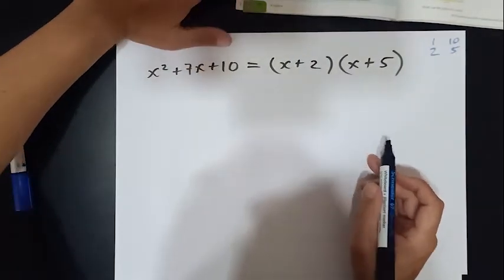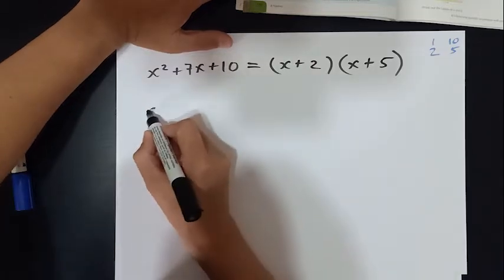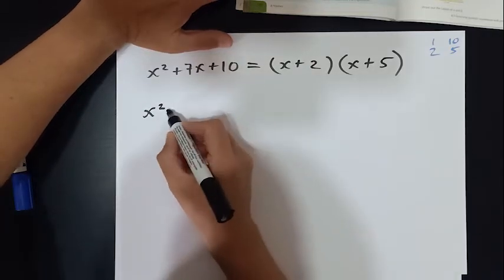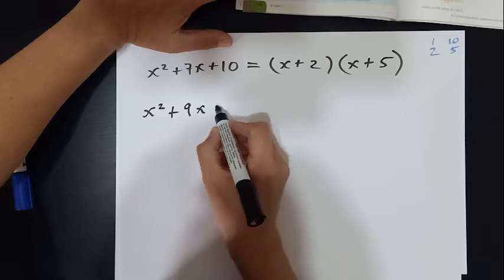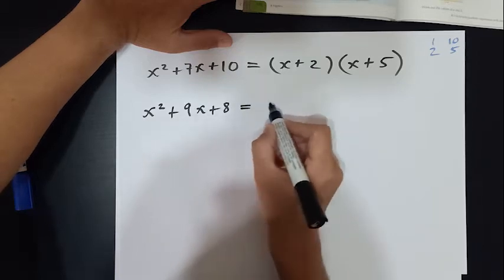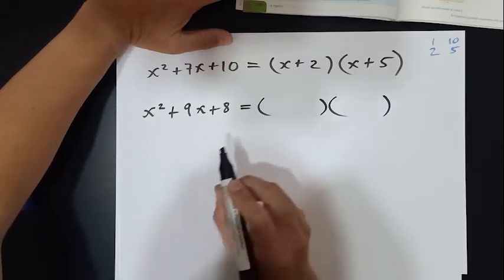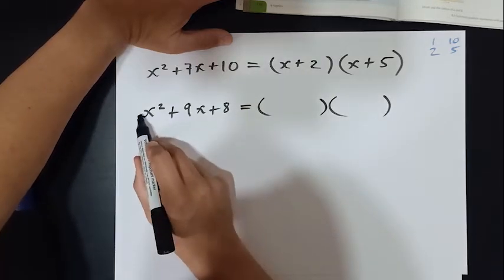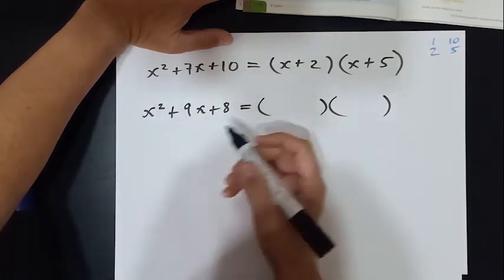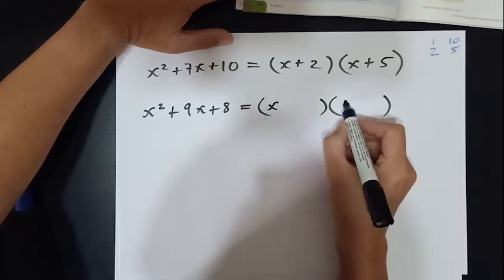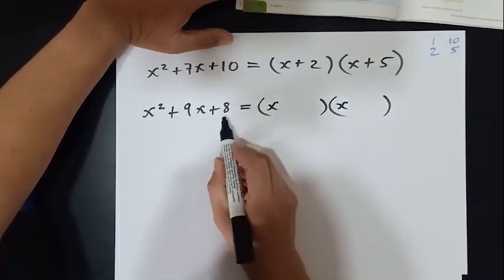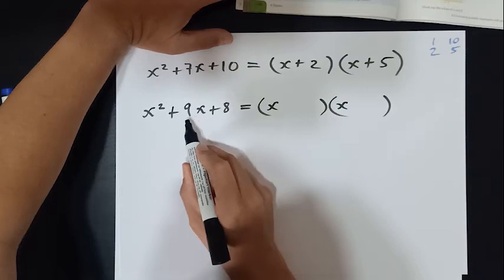I've got a couple more examples here. Let's do a couple more. x squared plus 9x plus 8. The coefficient here is just 1, so I know that's going to be x and x. The numbers multiply together to make this, and add together to make this.